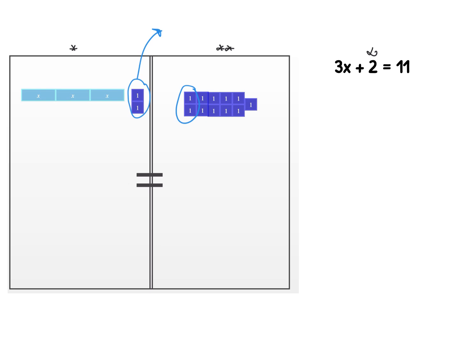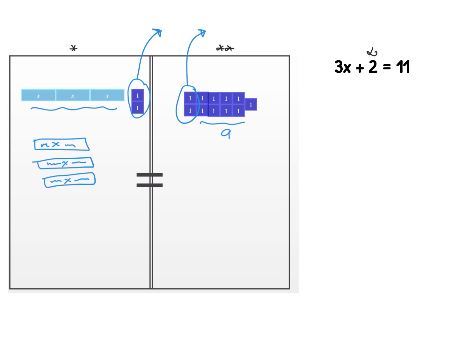I can do this and I can do that. And what does that leave me with? It leaves me with my 3x tiles, and then it leaves me with 9 unit tiles over here. So if I took each one of my x tiles, I'll just do that to show that they're positive. You won't have to do that.